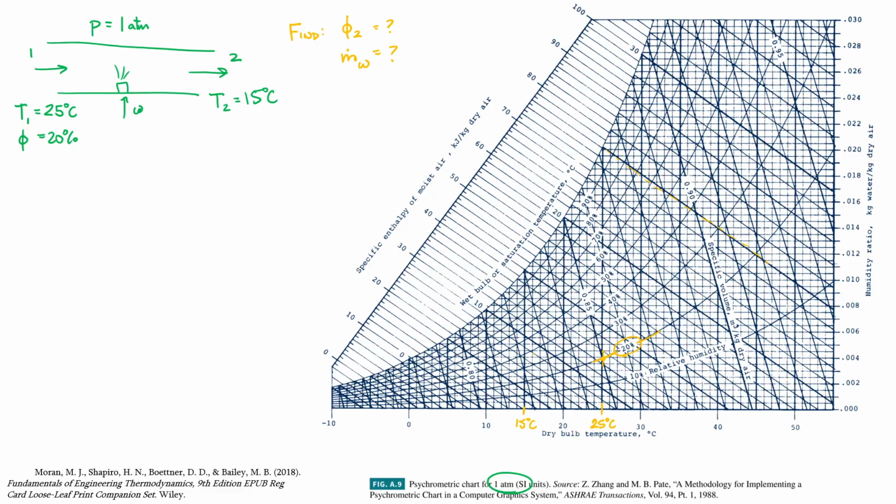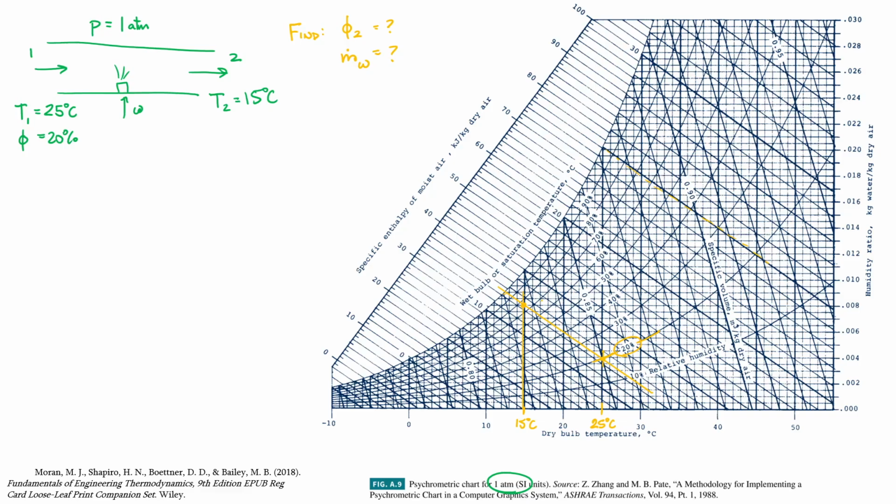So creating a diagonal line from this guy, it's approximately going to look like so, and creating my vertical line from my 15 degrees Celsius, it's going to look like so. Considering this is on a screen, that's pretty darn good. Meaning that my final point is going to be right here.